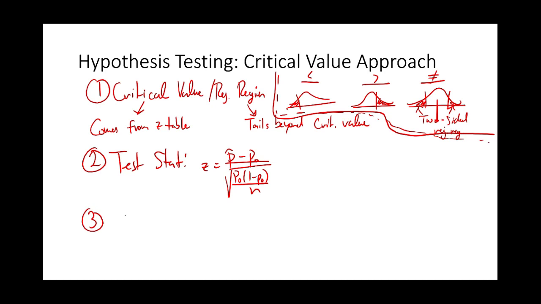Then you make your decision. If your test statistic is in the rejection region, in other words, it goes beyond that critical value, you should reject.